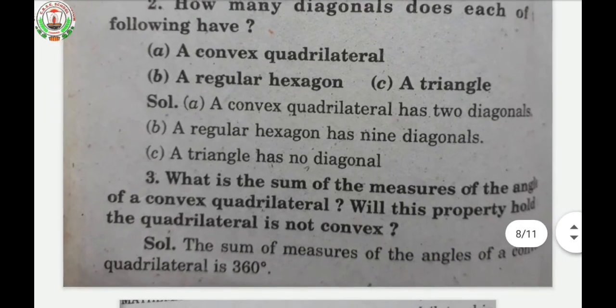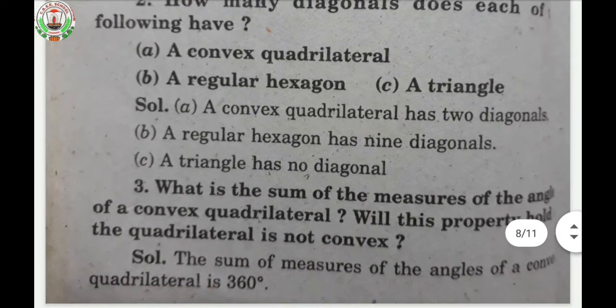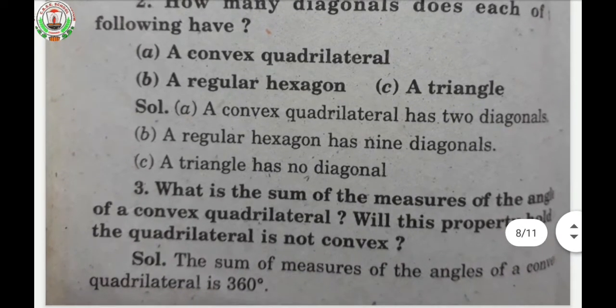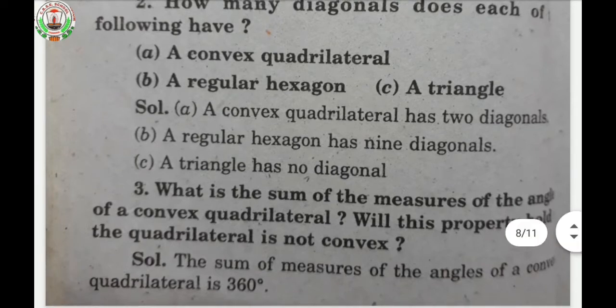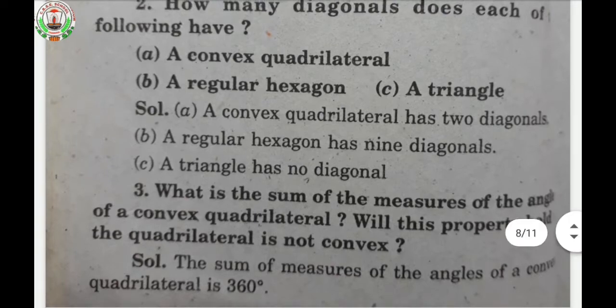So how many diagonals is a quadrilateral having? That is 2 diagonals. In the same way, a regular hexagon has 9 diagonals. Hexagon means a 6-sided polygon, so the n value you have to keep as 6. So n into (n minus 3) upon 2 means 6 into (6 minus 3) upon 2, where 6 minus 3 is 3.